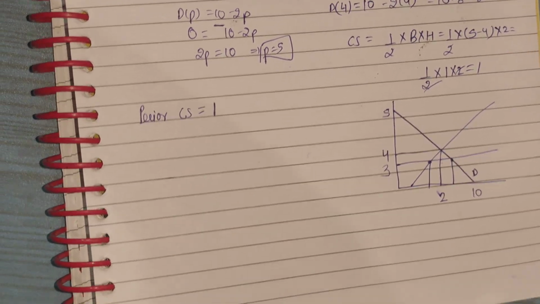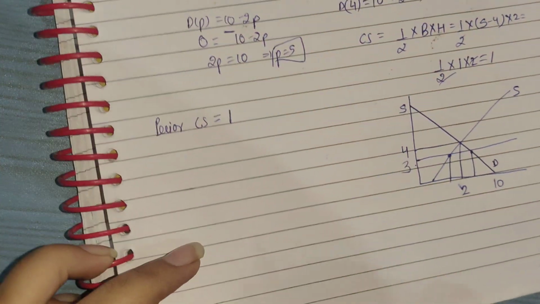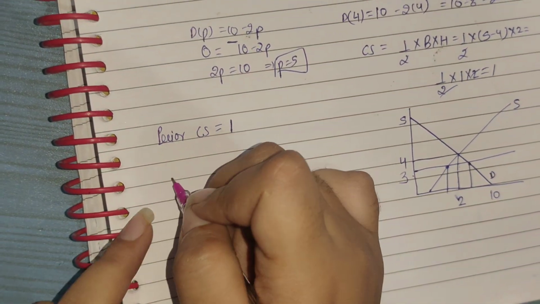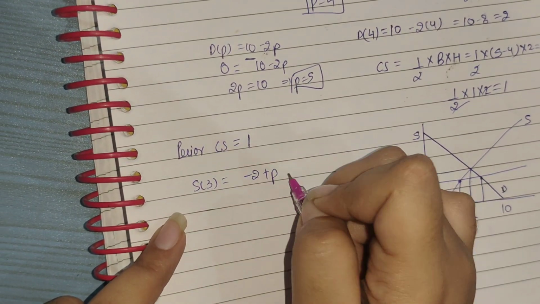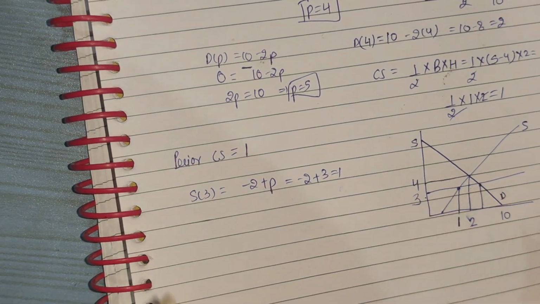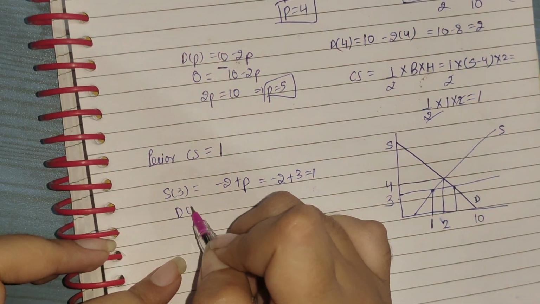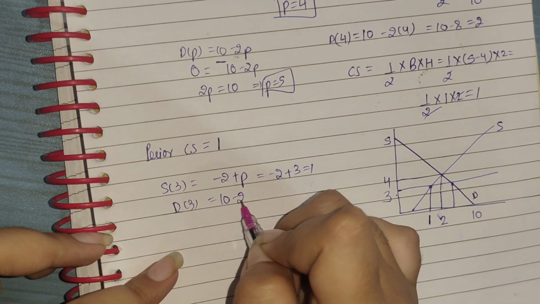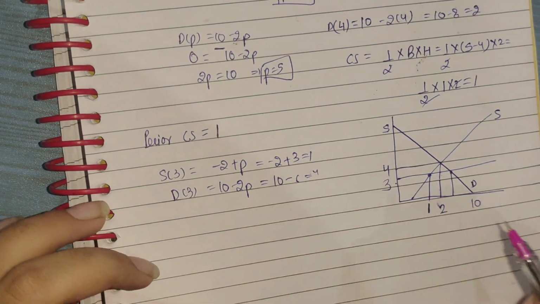So at price 3, the supplied quantity is minus 2 plus p, which is minus 2 plus 3 equals to 1. So quantity supplied is only 1, while the quantity demanded is 10 minus 2p, which is 10 minus 6 equals to 4.